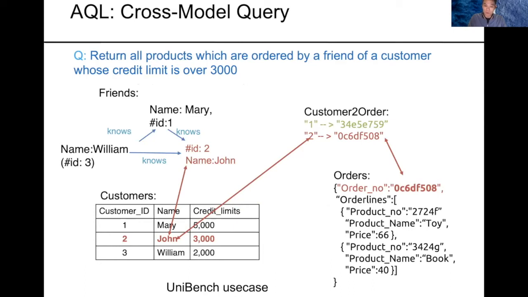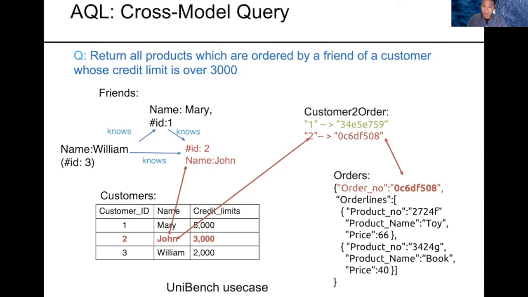Next, here is an example about a cross-model query in the UniBench use case. We have information stored in different types of data models. The information about customers is stored in a relational table, customers, and the friend relationships between the customers are kept in the friend graph.